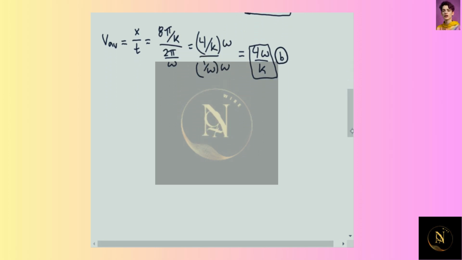And now we also want to compare it to the average velocity in example 40.1. In that question, our average velocity is equal to omega sub 2 minus omega sub 1 over k sub 2 minus k sub 1. If we recall, omega sub 2 is equal to 9 omega, omega sub 1 is equal to omega, k sub 2 is equal to 3k, and k sub 1 is equal to k.